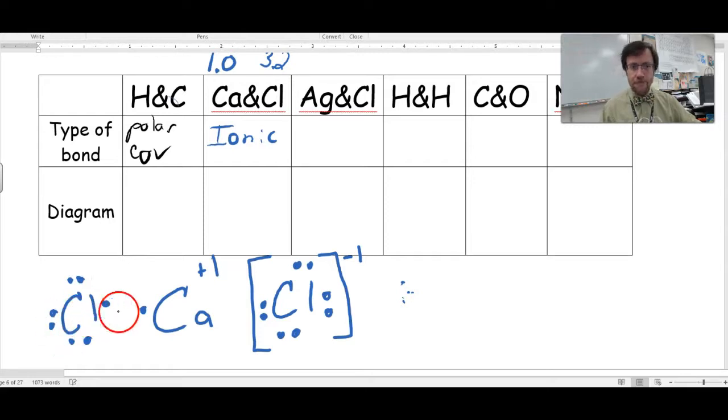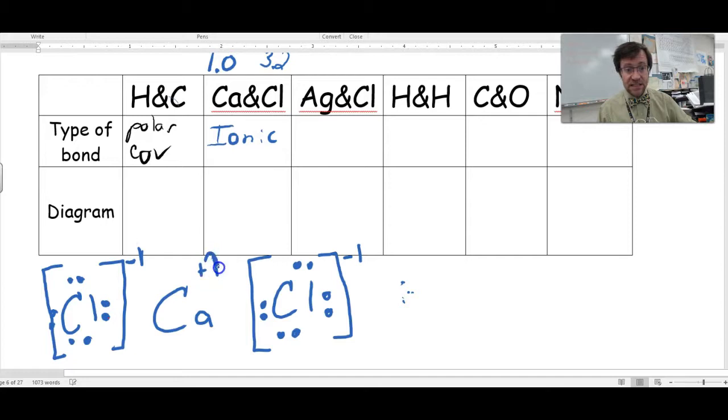All right. Just like before, this electron is going to move away from the calcium and go into the chlorine. Chlorine's got 8. It goes into lockdown. Boom. -1. The calcium has lost its second, so it is now a +2. Let's double check everything. This chlorine has 1, 2, 3, 4, 5, 6, 7, 8. It is super happy. Magical 8. The calcium has lost all of its valence electrons.